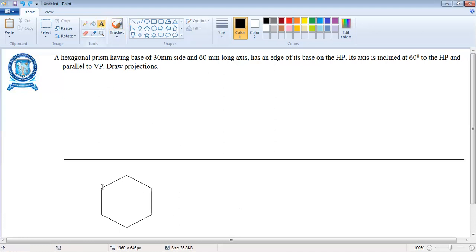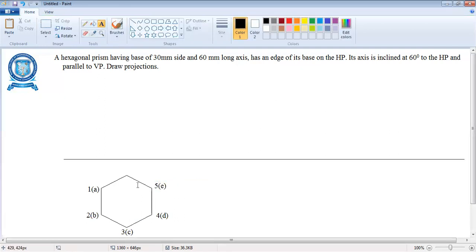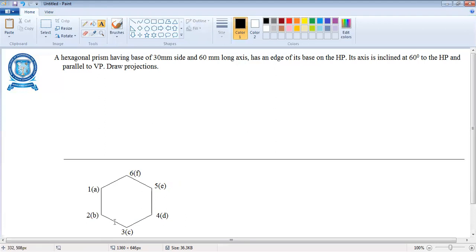We have to mark the points. Here the hexagon 1, 2, 3, 4, 5, 6 is visible.